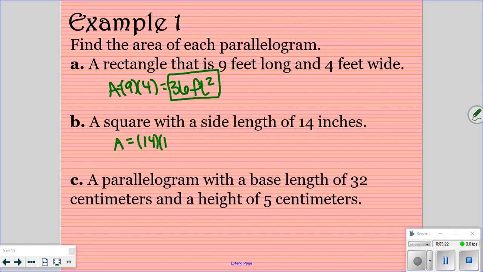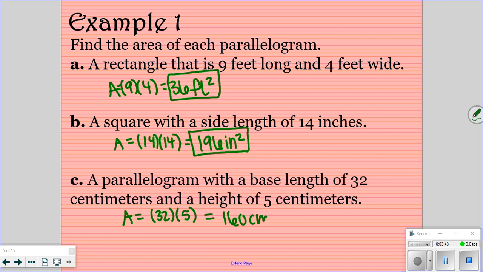So 14 times 14 is 196, and our units are inches squared. For the parallelogram, the base is 32 and the height is 5. So 32 times 5 is 160, and our units are centimeters squared. Okay? So that's how you can find the area of parallelograms.